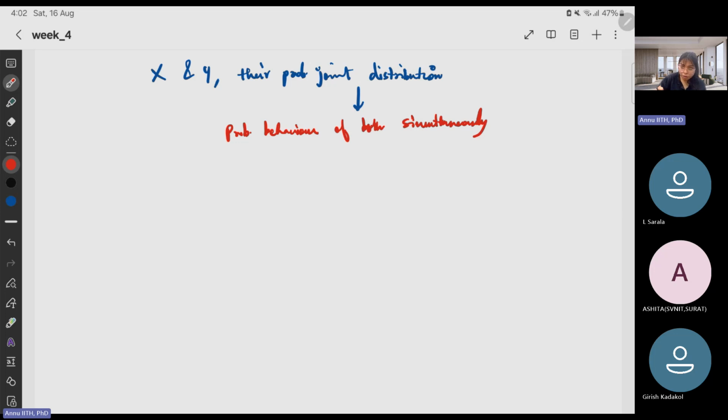So the joint probability distribution function fx,y of x,y is greater than or equal to 0, and the integral from minus infinity to infinity of f of x,y dx dy is equal to 1. Right.